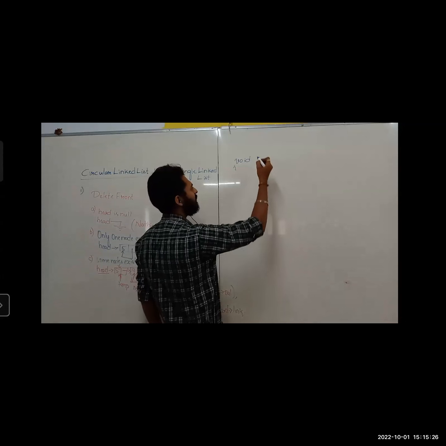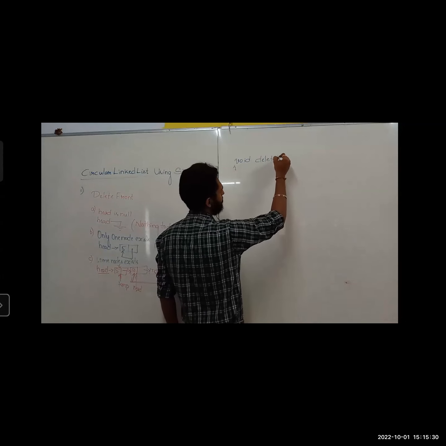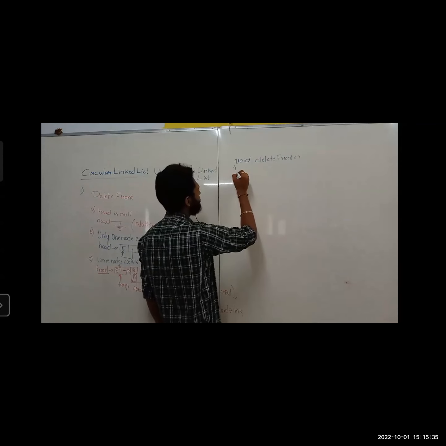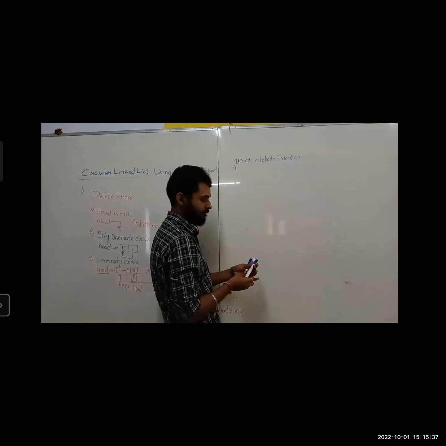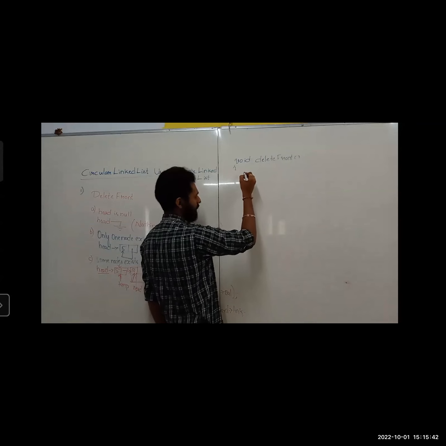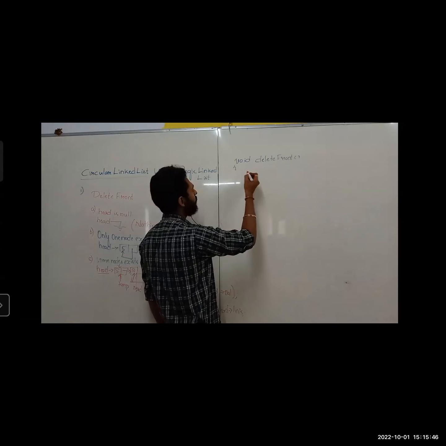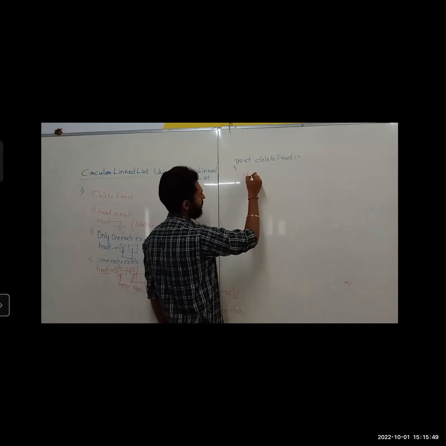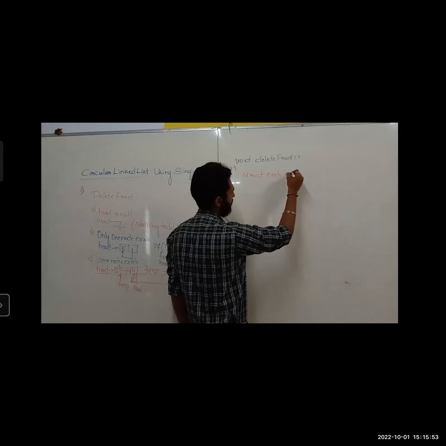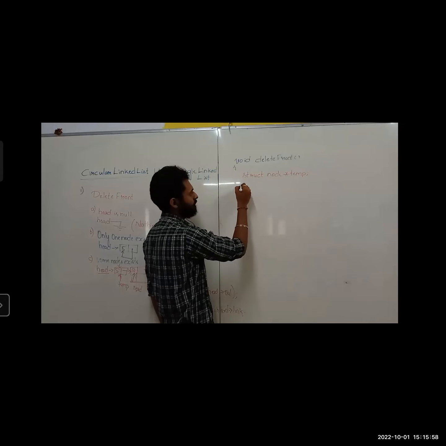Which method is it? Print, right? Here, what exactly should I start with? struct node star temp, and then element.